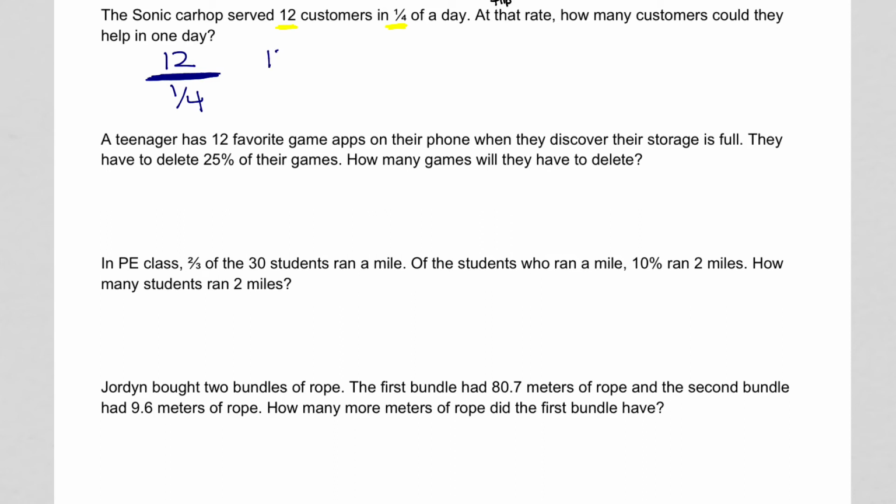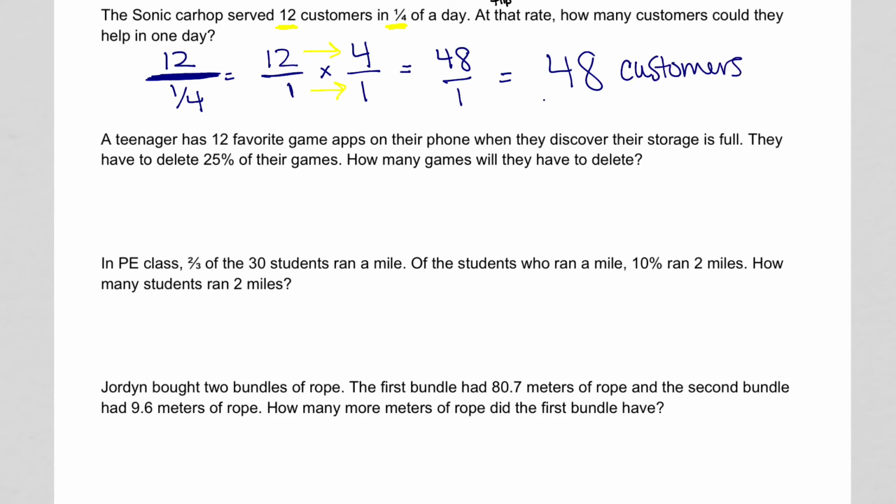So if I have 12 over 1, and I multiply by the reciprocal of 1/4, that is 4 over 1. Well, that's easy peasy. I can go straight across. 12 times 4 is 48, and 1 times 1 is 1. So that is just 48 customers a day, right?